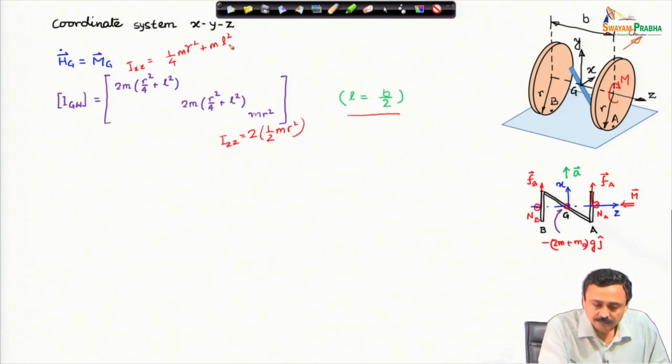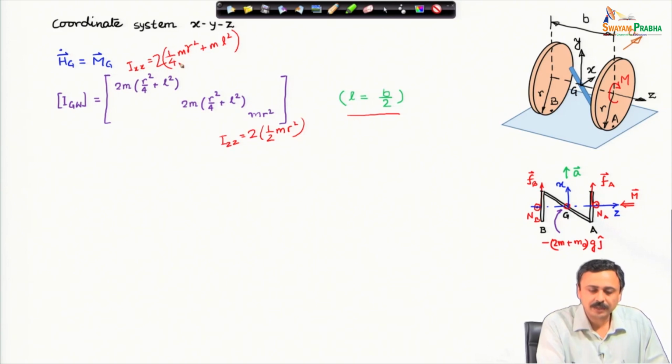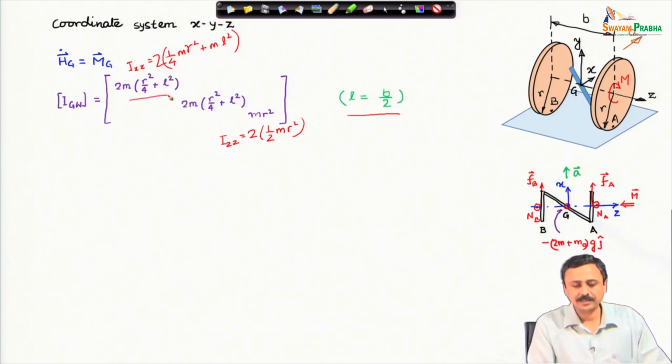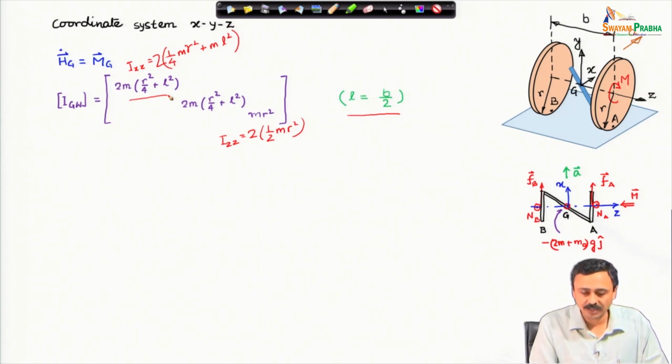Now this must be multiplied by the factor 2, and that is how I get this Ixx and similarly Iyy.